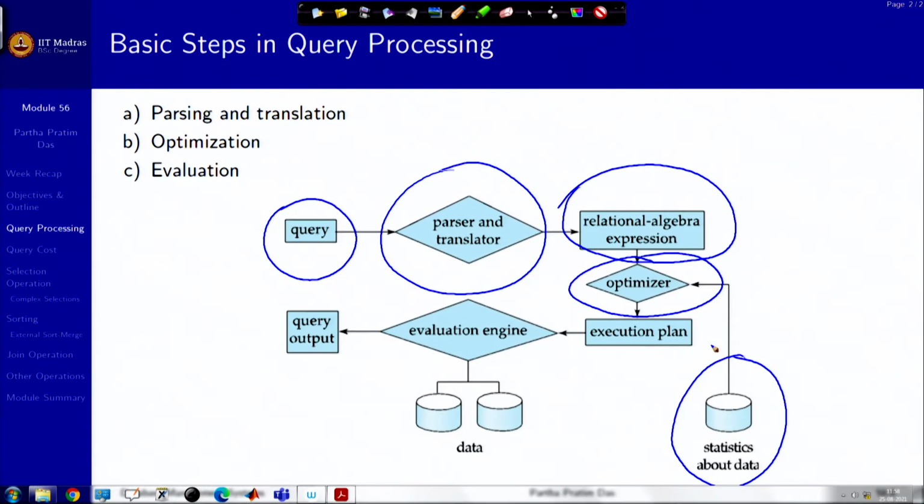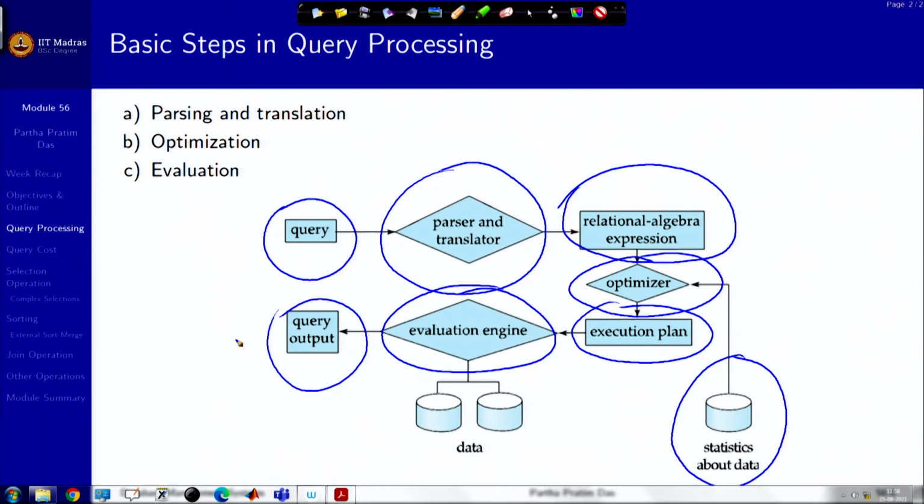We talked about how to get statistics regularly collected in the system catalog. Then based on the execution plan, the evaluation engine actually accesses the data and executes every step of the plan to finally get the query output. So, this is the overall flow, and this part is what we are going to focus on.